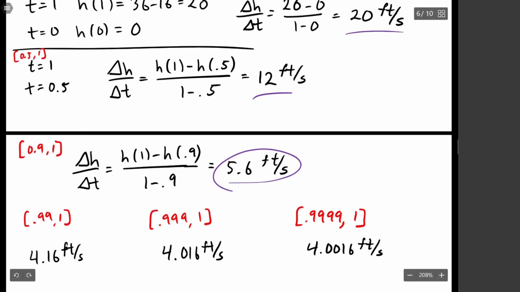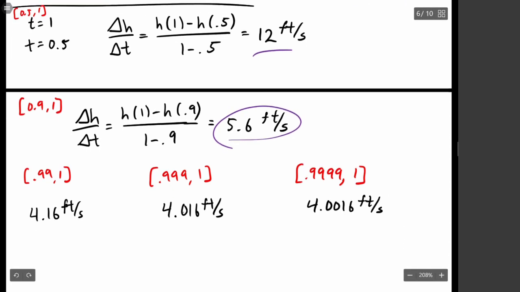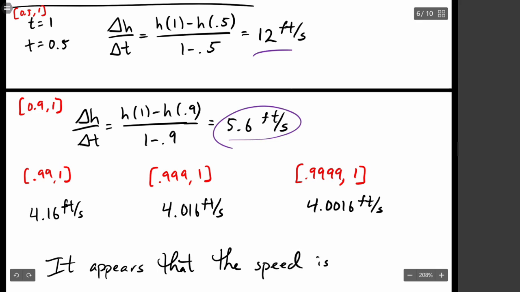So what we want to do is look for some trends in these numbers and say, well, where does it look like we're trending to? Well, what we can say here is, it appears that the speed is, what do you think is a good guess?